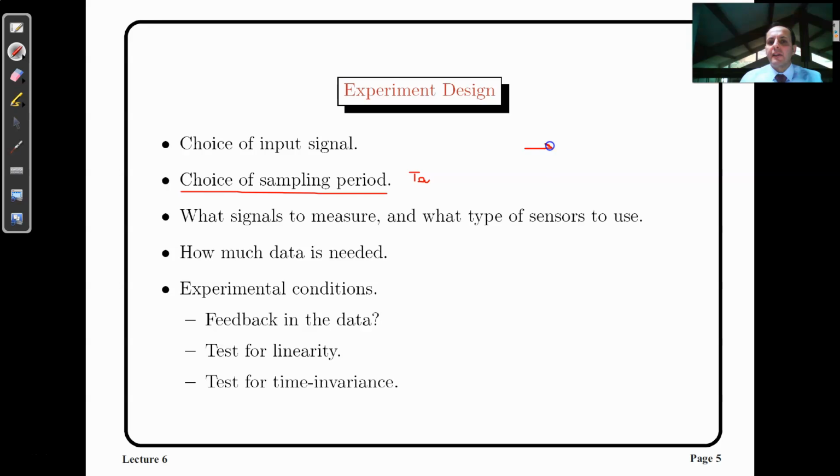The settling time means that you excite your process with a step, and from the output, when the response is in steady state, you can evaluate your settling time TA, which is a parameter that can be very easily estimated in the time domain.